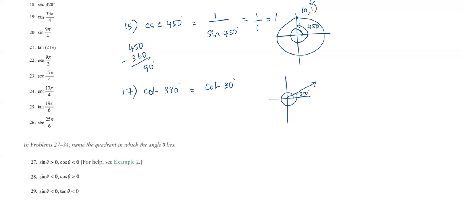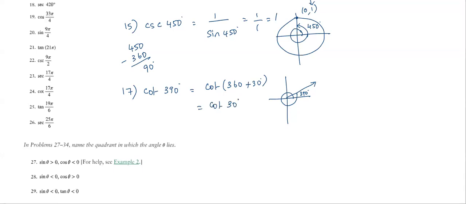What is another way that we can look at this? 390 is nothing but 360 plus 30, right? And cotangent's period is 180 degrees, so it is 180 times 2, 360, plus 30. So this has the same value as cotangent 30 degrees.